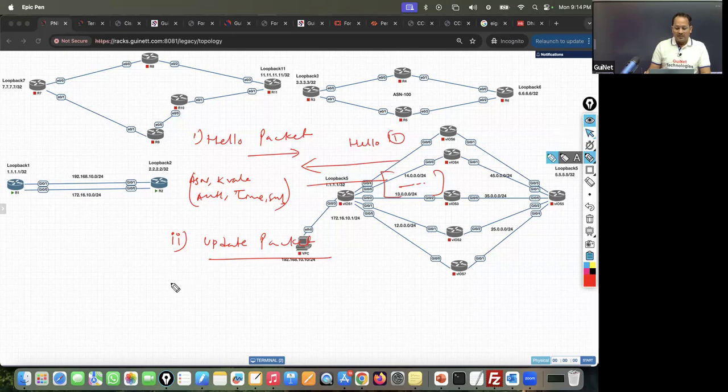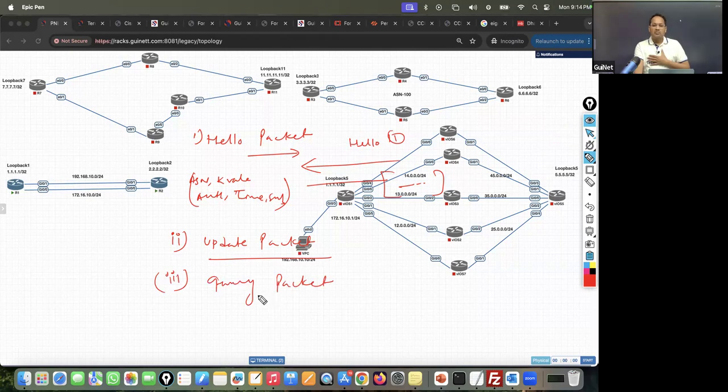Now they have the third packet also, known as the query packet. What is a query packet? Let's suppose I want additional route information, meaning you want information about some additional subnet or route. So you send a query message to your neighbor: hey, I earlier knew this particular subnet, but somehow I'm unable to find it.